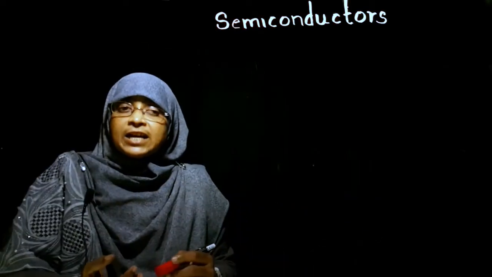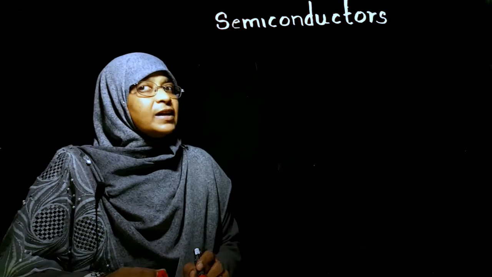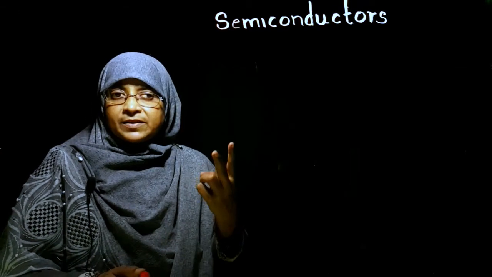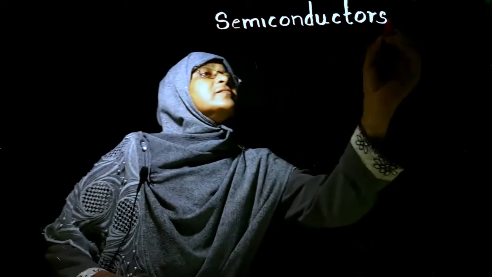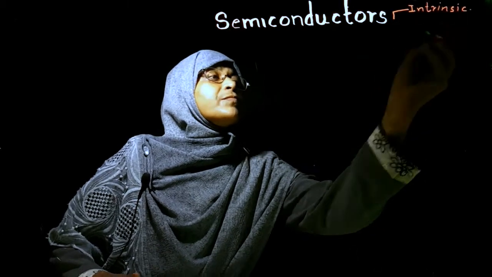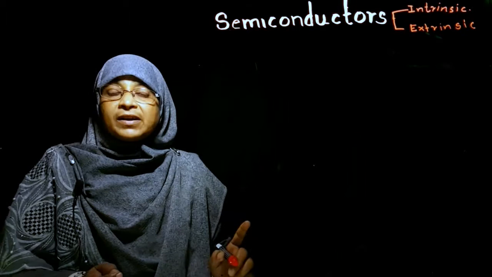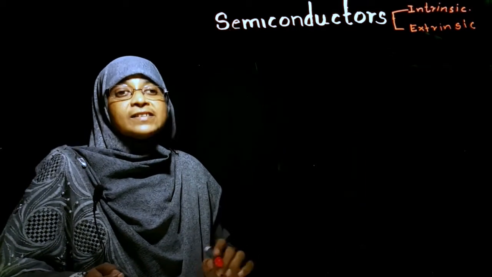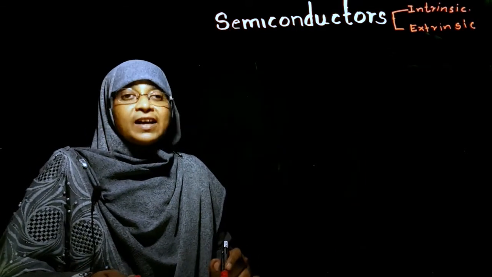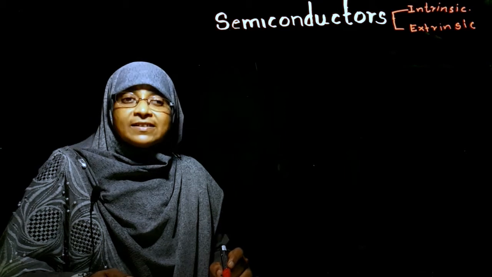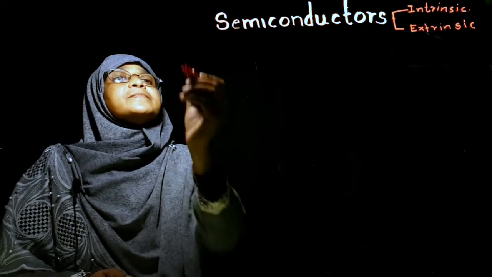Now let's see semiconductors. Semiconductors are of two types. The first one, intrinsic semiconductors, and the second, extrinsic semiconductors. Now let's study the intrinsic semiconductors.